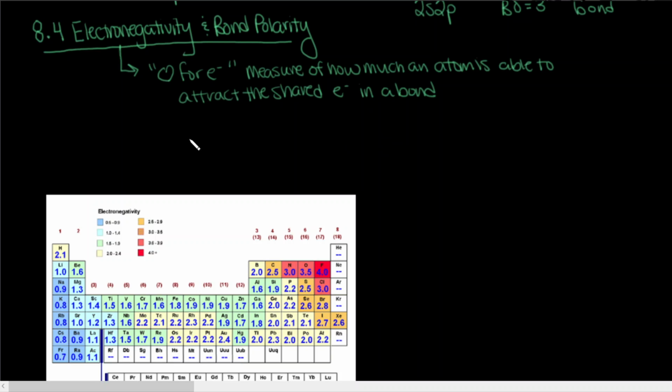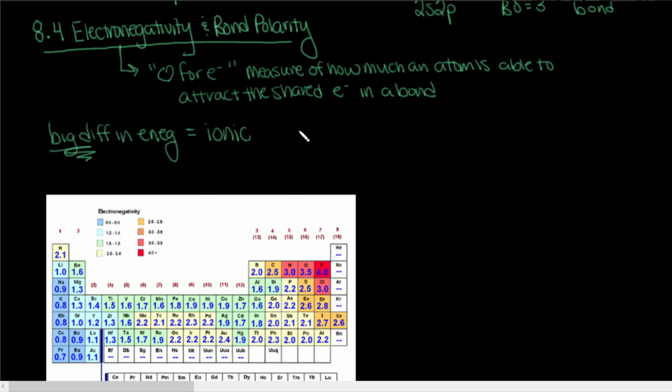If you have atoms with large differences in electronegativity, okay, so if you have a big difference in electronegativity, you're going to end up with an ionic bond. Because what that means is that one atom really loved the electrons and the other one didn't. They were willing to just transfer.